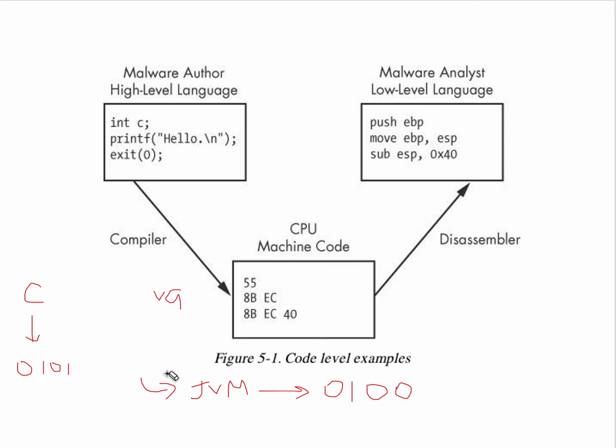That is why we generally look at C, because we can actually see the zeros and ones, and then we can use something like IDA Pro to disassemble it into assembly code, which has a bunch of mnemonics like push, move, and subtract, and we can actually see how it interacts with the various storage components within the CPU.